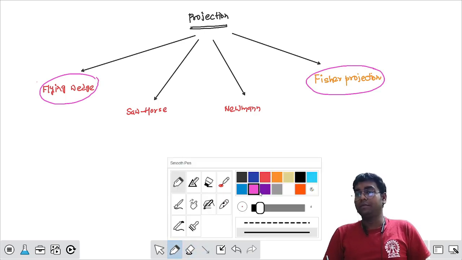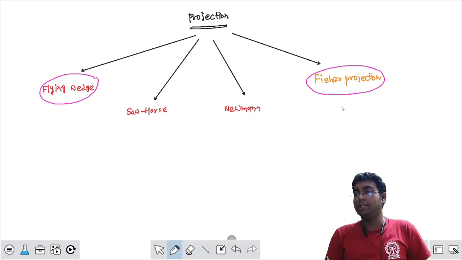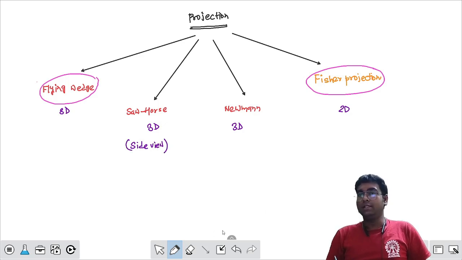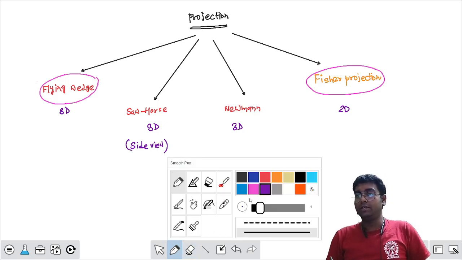And if I designate it as a dimension, this is the two-dimensional representation, and these all are three-dimensional representation. Okay, and this three-dimensional representation is basically for sawhorse. It is side view. We will see what is side view and all. Fine. So let's start with the flying wedge representation.